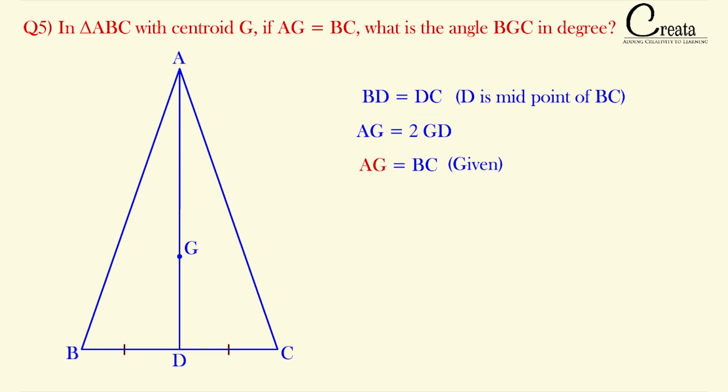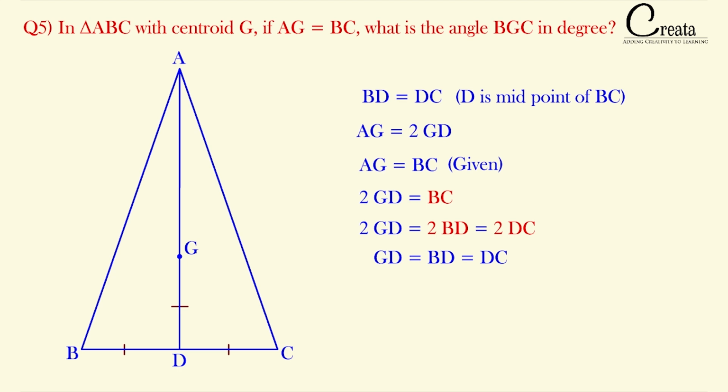Can we replace AG with 2 GD? The same we have just proved. Further, can we write BC as 2 BD, which is equal to 2 DC? D is the midpoint, so BC is equal to twice BD and twice DC. So we got the relation, that is GD is equal to BD is equal to DC.